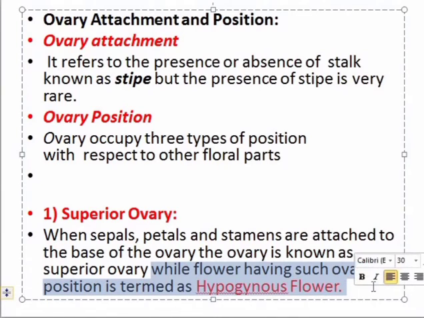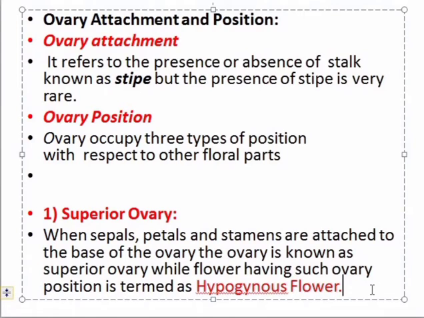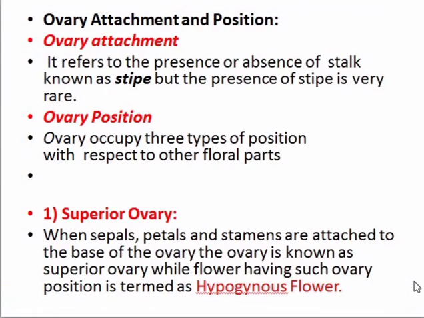While a flower having such ovary position is termed as hypogynous flower. What is meant by hypogynous? Hypo means below, gynous means gynoecium. It means the other floral parts are below the gynoecium.